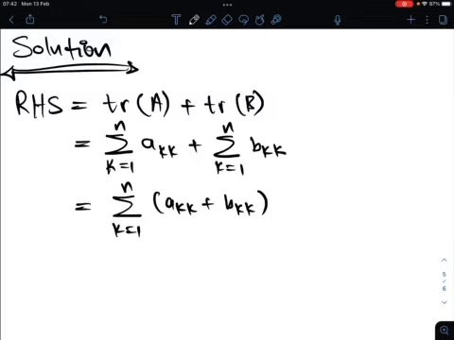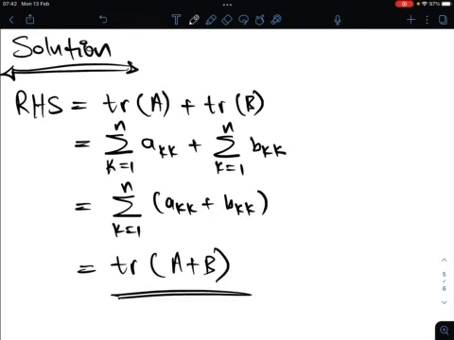You are summing the diagonal elements of A and also the corresponding diagonal elements of B, which means this is just the same as calculating the trace of A plus B. So which proves the result, and therefore done.